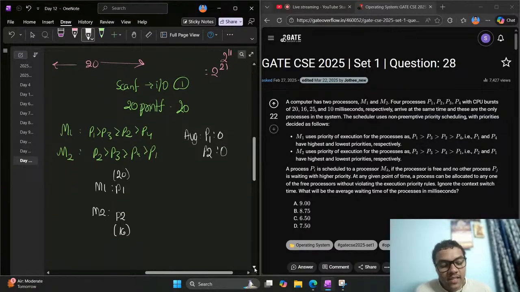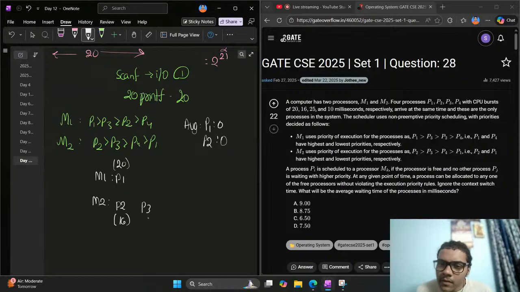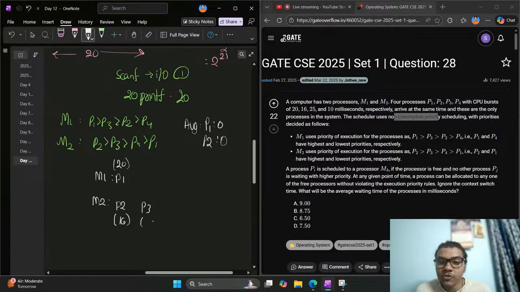After 16 milliseconds, P2 will be completed and it can take P3. It takes P3 at the 16th instance. And with non-preemptive scheduling, this one cannot go to this one, so it is locked in here. And what is the waiting time for P3? P3 has 25 milliseconds of burst time and a waiting time of 16.